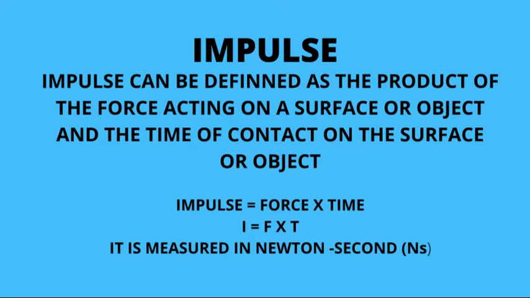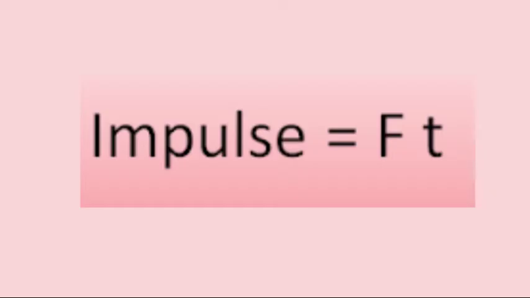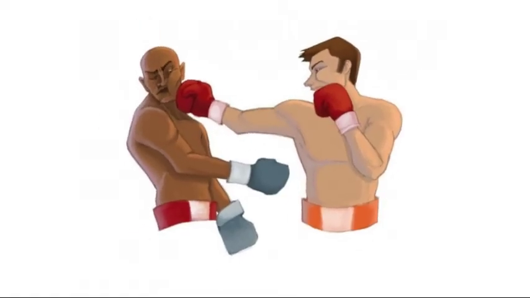For instance, if I give you a blow or a punch, the force with which I punch you times the number of seconds that my hand will be in contact with your face is what we refer to as impulse. So impulse is actually a blow on a surface, and is mathematically represented as the force of that blow times time, and its unit is Newton second.